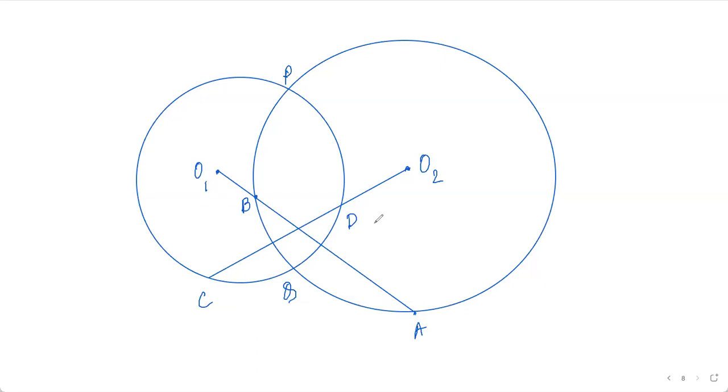Now it's given that ACBD is concyclic. So it's drawn in such a way that A, B, C, D are concyclic.